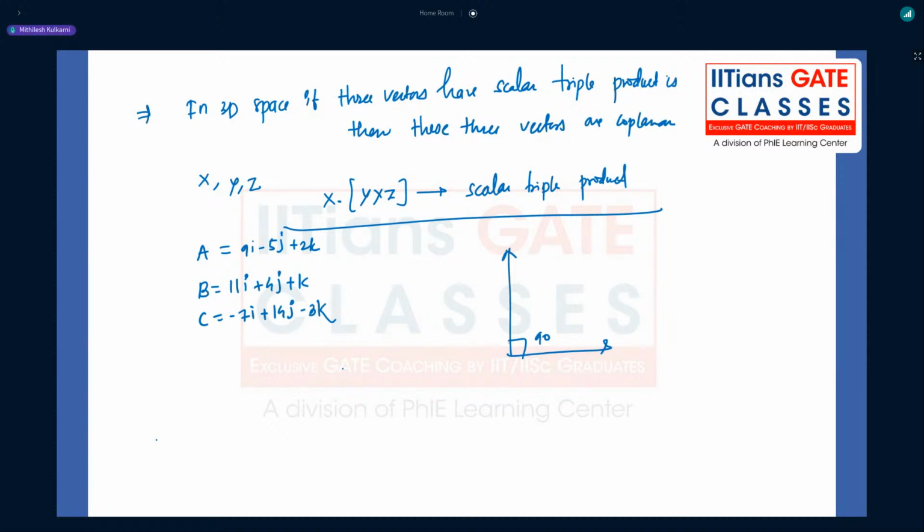So let's take the cross product of these two vectors A and B, and then we'll get an idea. The cross product of A and B will be i, j, k, 9, -5, 2, 11, 4, 1.